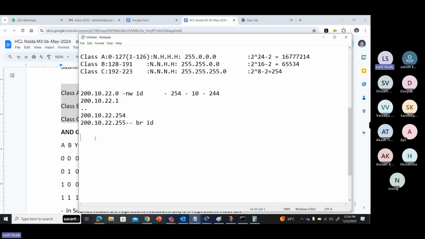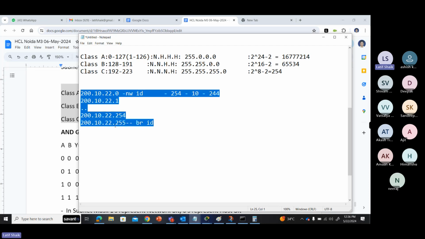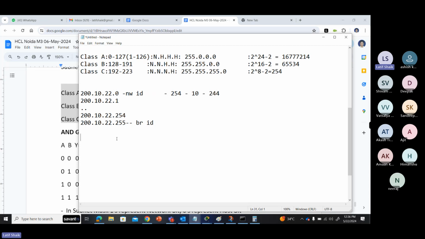If I have a crore, then my organization uses 1,000 IP addresses. Even if I don't use them, I'm paying. For me, no problem. But others also require IP addresses. So what I have to do is divide this entire network into several parts.